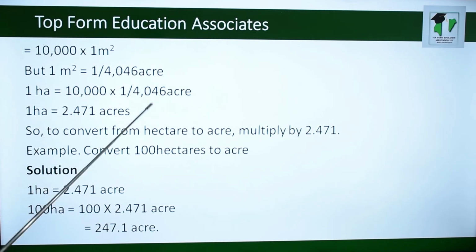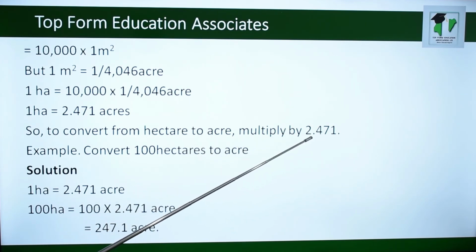If you multiply this out, you're going to get this. So to convert from hectare to acre, multiply by what? 2.471. I want to see how we can use an example to verify this. Example: convert 100 hectares to acre.